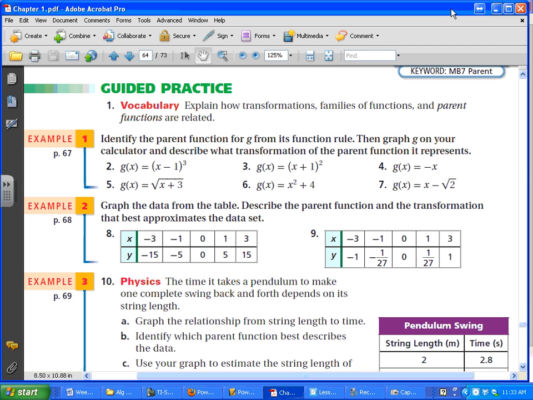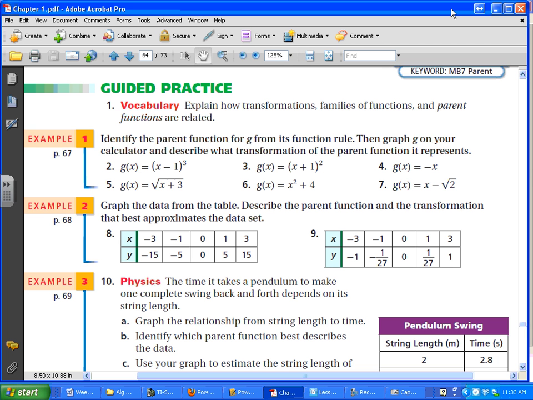Okay. All right, now the rest of your assignment you're going to do for tonight. You're going to be doing numbers 8 and 9, which say graph the data from the table. And then after you graph it, describe the parent function and the transformation. Okay? So you're going to have to graph it, figure out which parent function that is, which one of those 5 it is, and then try to figure out what the transformation is.